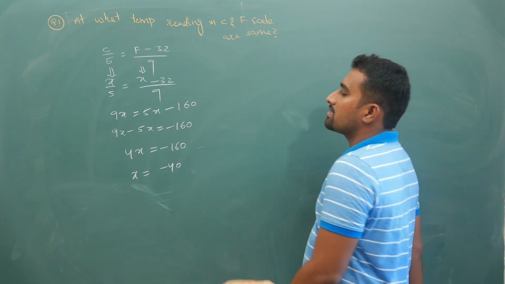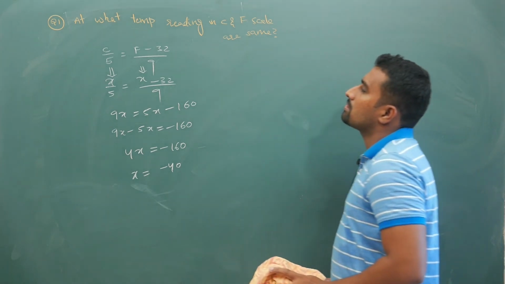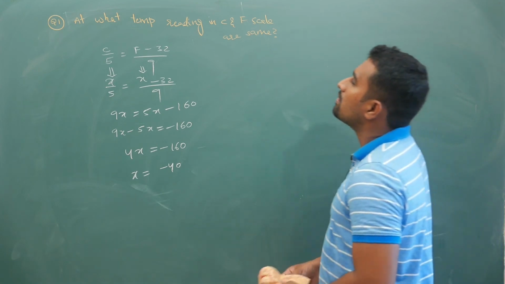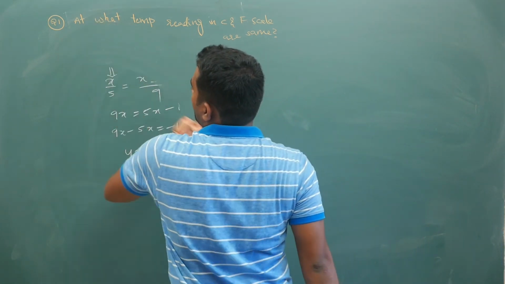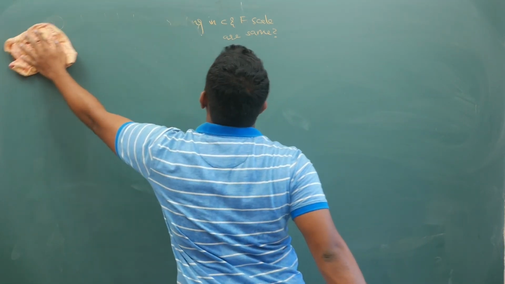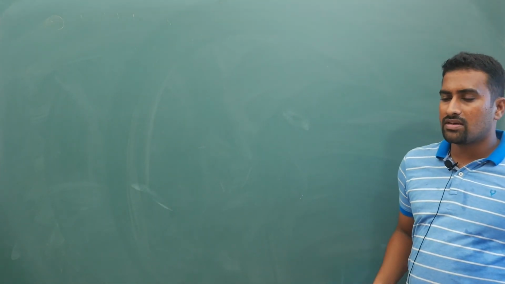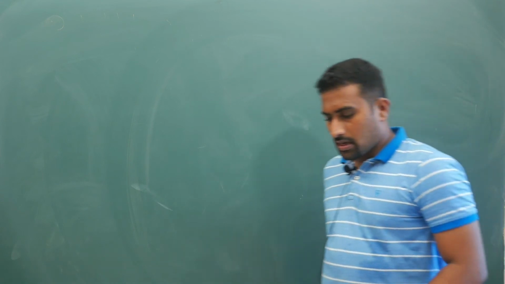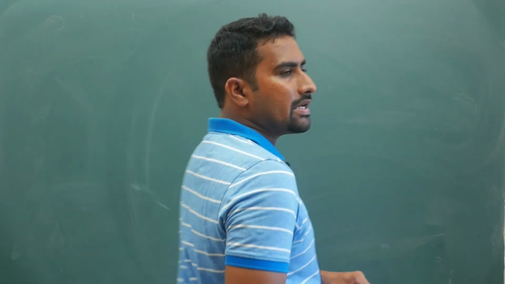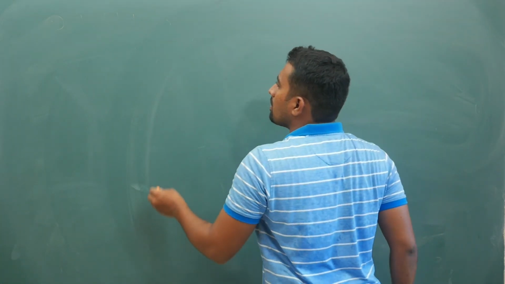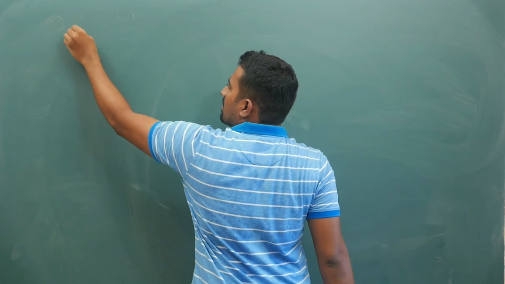Right? Next question: under what condition is the temperature same for Fahrenheit scale and Kelvin scale? Replace the values by X. Now with this your basic questions are done. Next we are going to see questions on error in the reading.